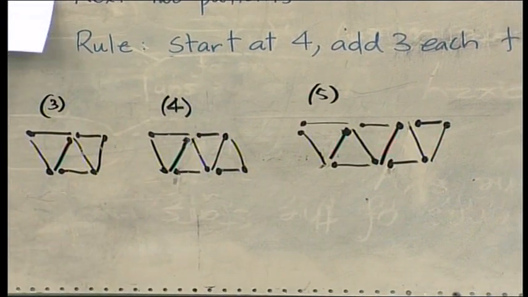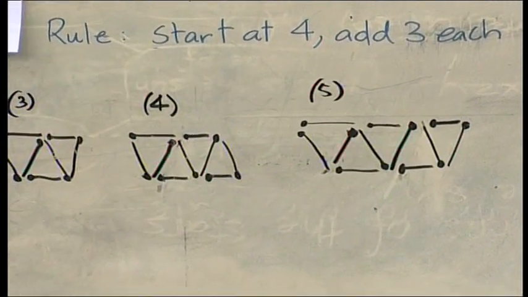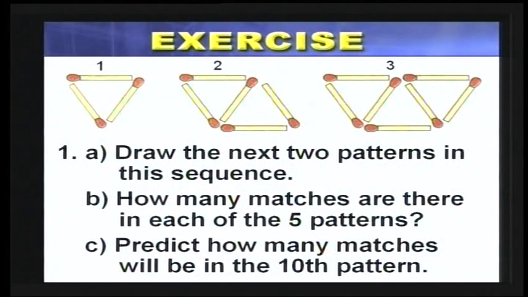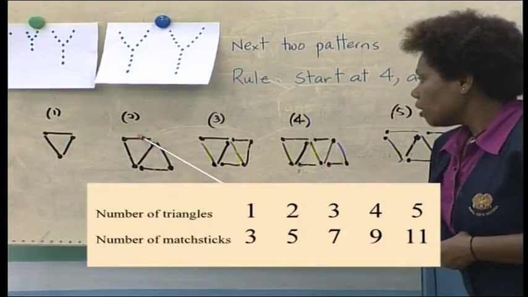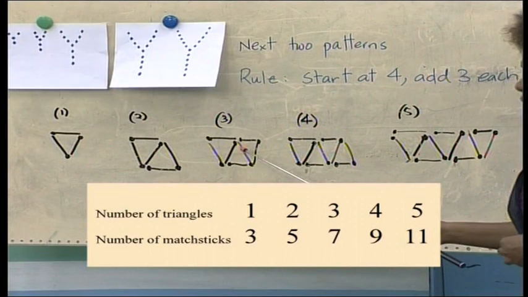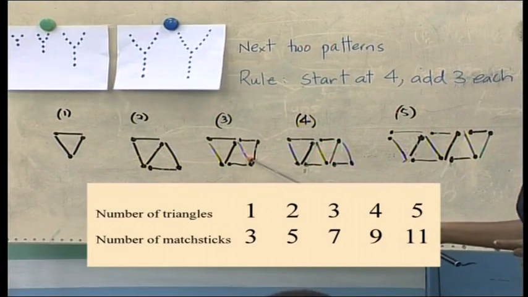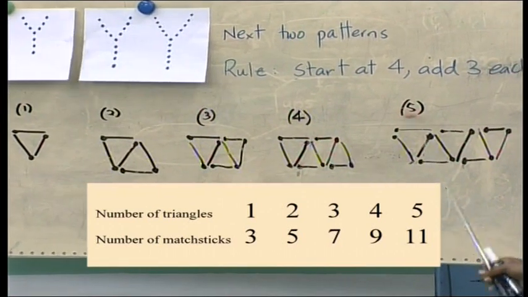Okay, so B, how many matches are there in each of the 5 patterns? 3, 5, 7, 9, 11.